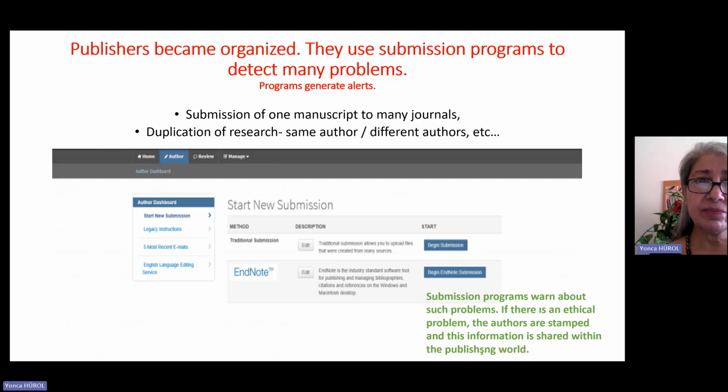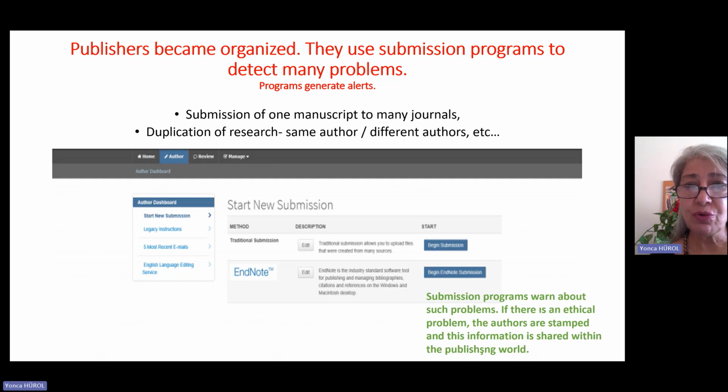Now, publishers are becoming organized. The big publishers of the world are using the same computer program, and they are sharing the same base so that they can share information about research integrity problems of some people.